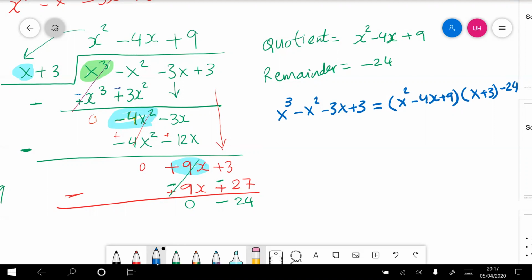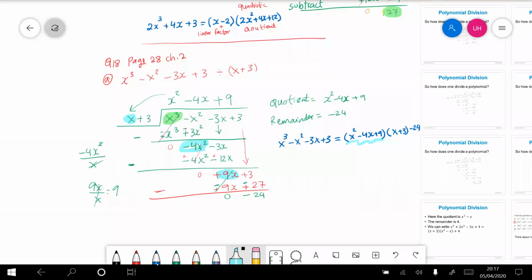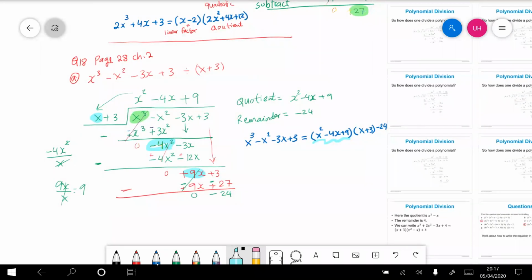Okay, we can write it this way. And if we've been asked to factorize more, we can factorize this further as well. Okay, I hope this is clear for you.